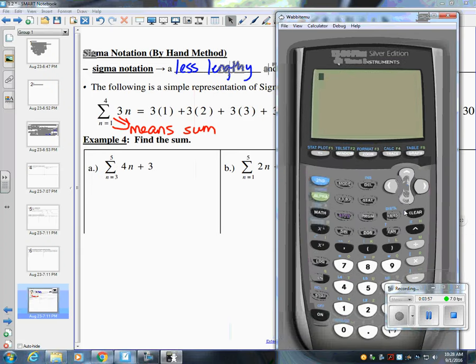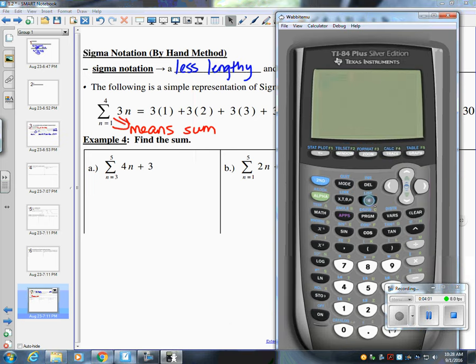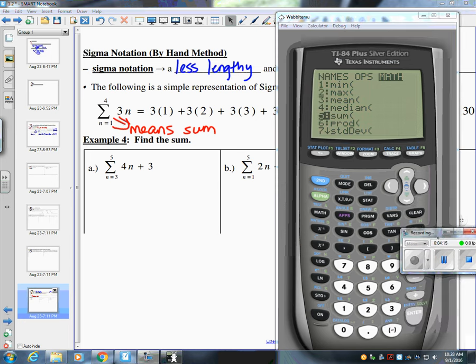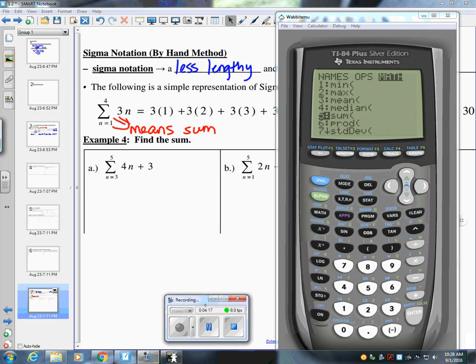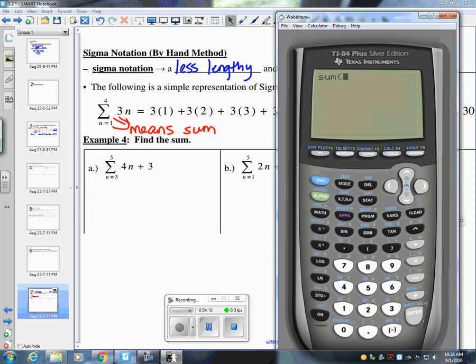You're going to go to second stat. Second stat. And you're going to go over to math, and you're going to go down to sum, and you're going to press enter.